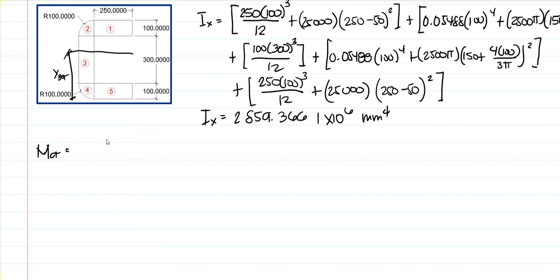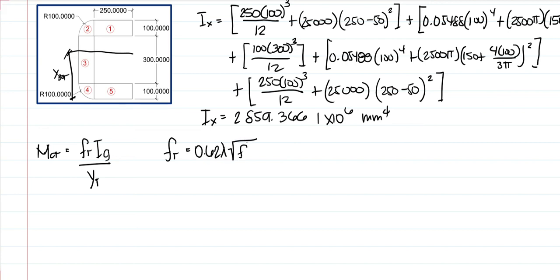So, kailangan natin yung FR IG over YT. So, that is FR IG over YT. So, kailangan natin ngayon yung FR pa. Kasi meron na tayong IG, meron na tayong YT. So, FR, sabi sa code, that is 0.62 lambda square root ng F prime C.